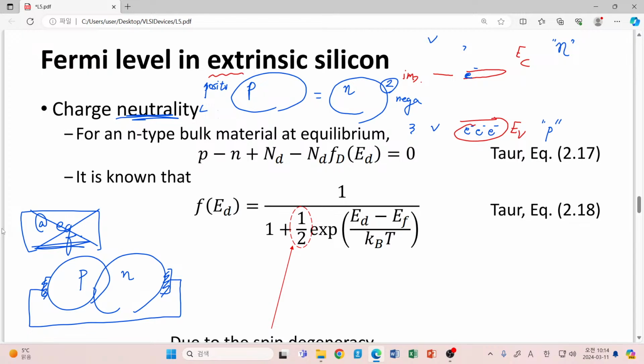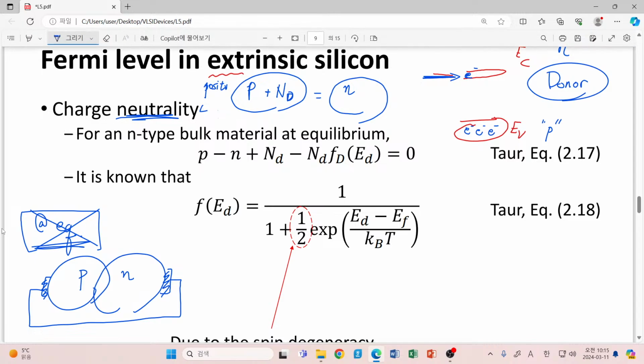So therefore, we had an intrinsic condition for our system. However, now we have introduced this kind of impurity level, and for example, now let's consider the donor case.